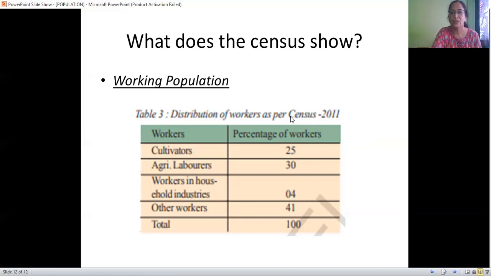Agricultural laborers are the laborers who work on others' land. Workers in household industries are the workers engaged in manufacturing and repairing a product in their own home, that is, beedi workers, weavers, and potters. Other workers are the people engaged in factories, trading, casual labor, and all other occupations. So, in this way, the census shows the distribution of workers and the working population.